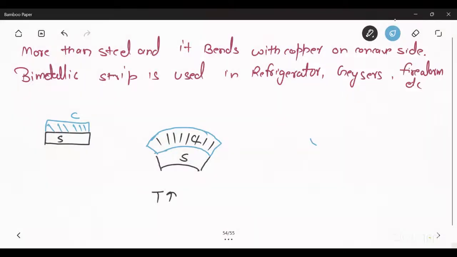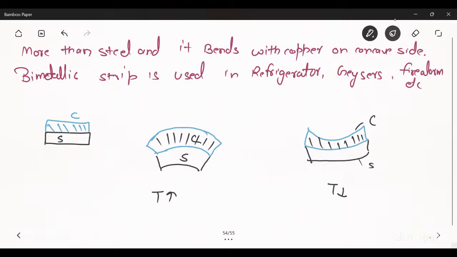So the diagram will be like this: copper and steel.